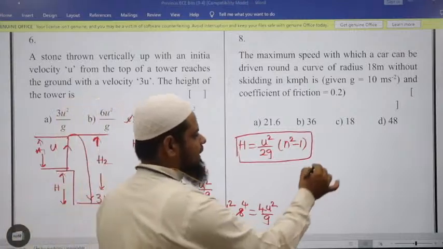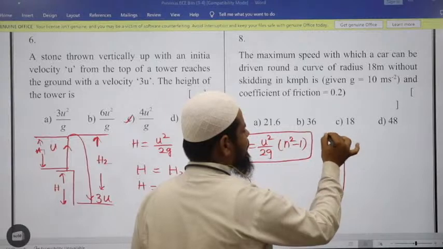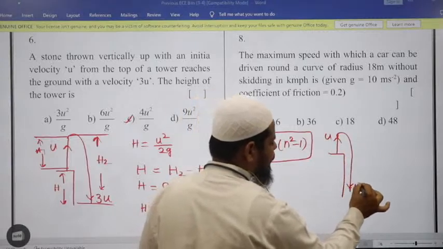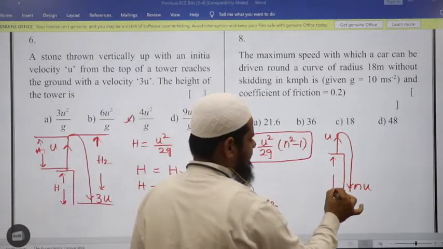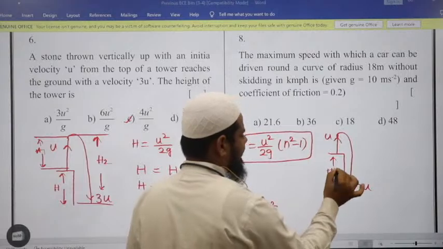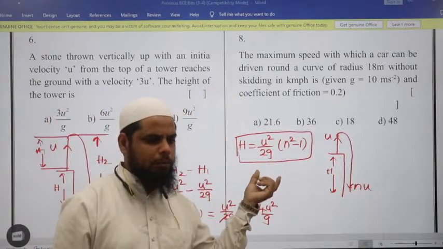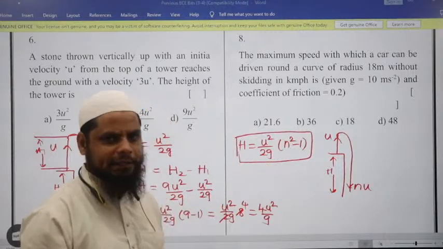So here, what n square means: if you throw the body with a velocity u and it reaches the ground with a velocity of nu, then the height of the tower is this. To find the height of the tower, you can go for this shortcut formula. Remember, you can remember this formula and apply it directly.